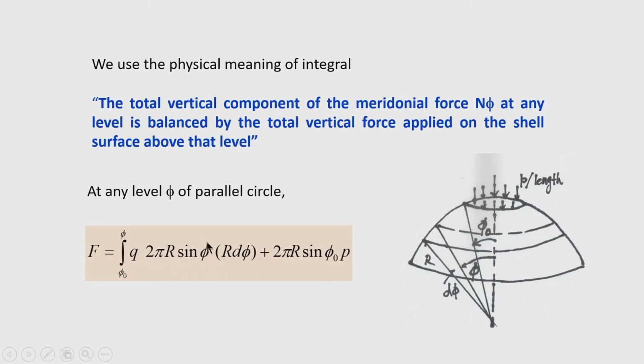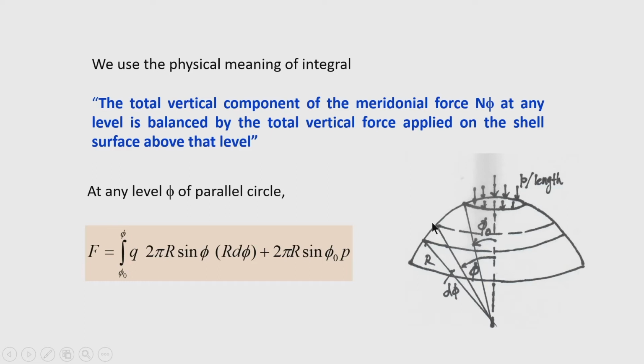So, 2 pi r sin phi is the circumference of the parallel circle at this level phi, and r d phi is the width of the strip. So, 2 pi r sin phi into r d phi is the area of the strip, and this area multiplied by q will represent the vertical load acting on the strip.